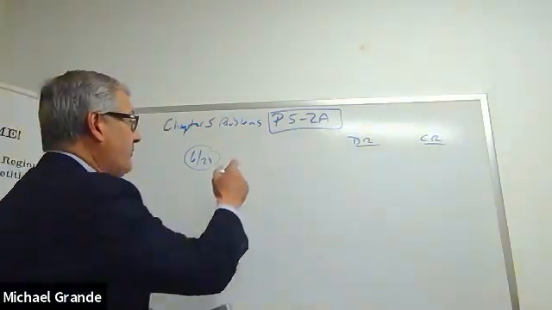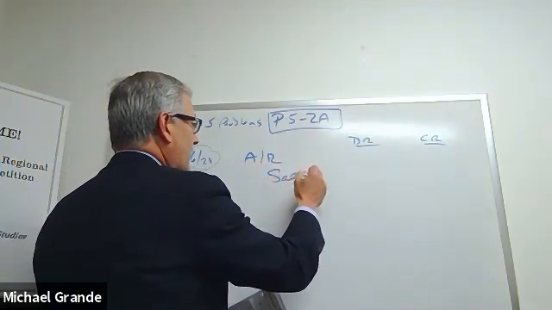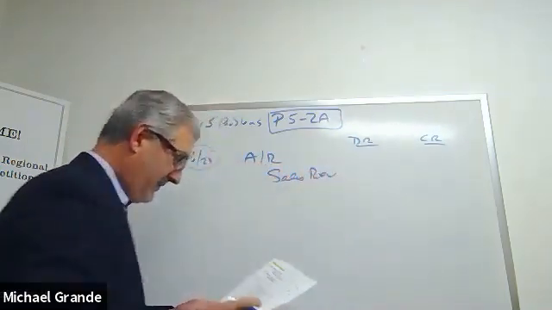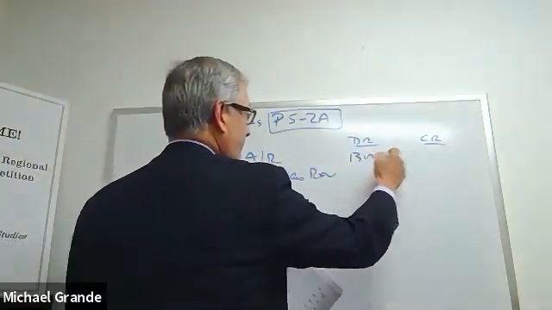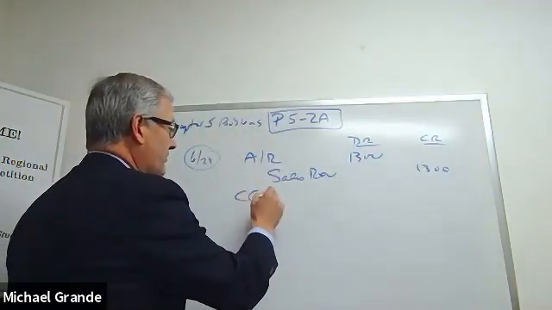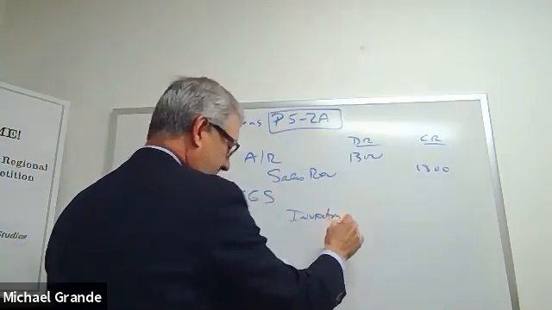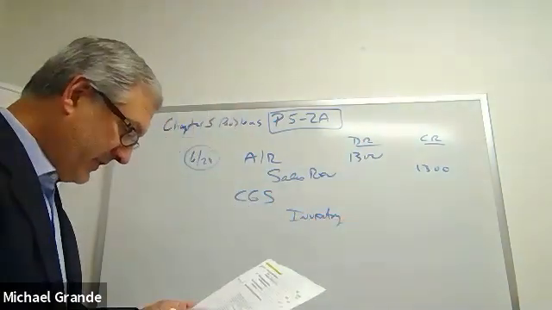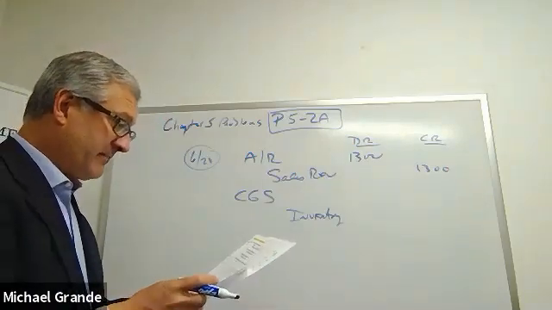So again, pretty straightforward. We've seen a few of these: debit accounts receivable, credit sales revenue for the amount of the revenue, $1,300. More importantly, cost of goods sold, credit inventory, right? For the cost, which they said was $780.